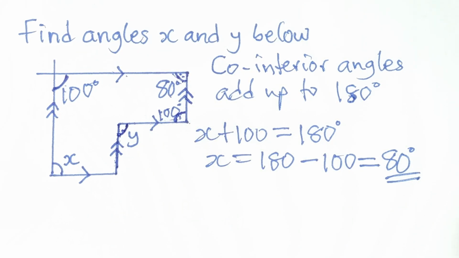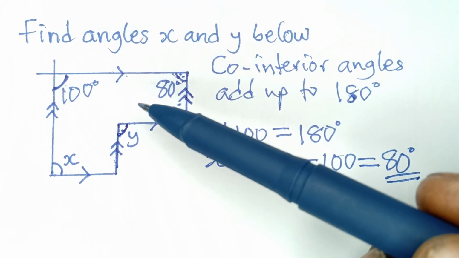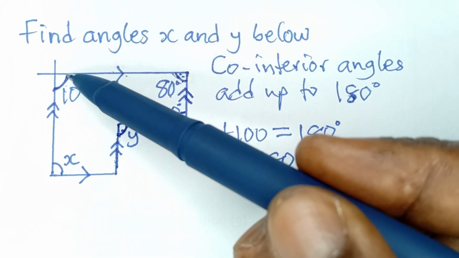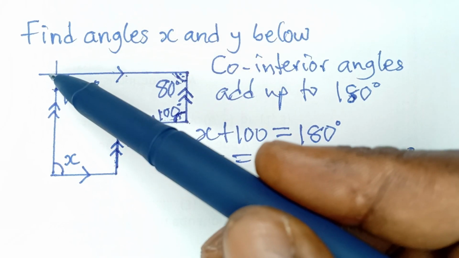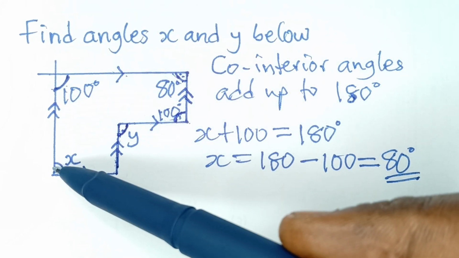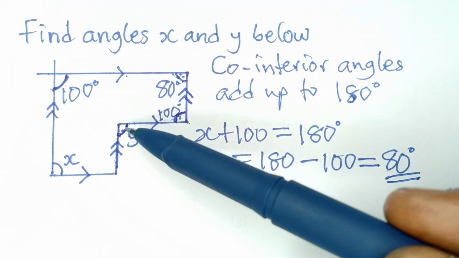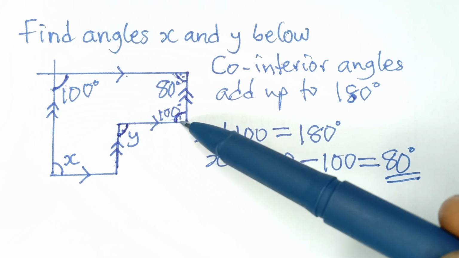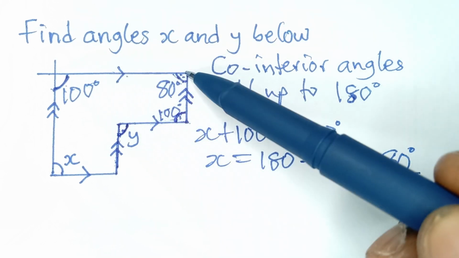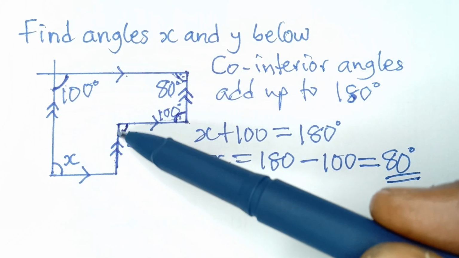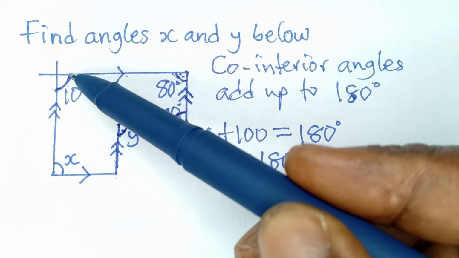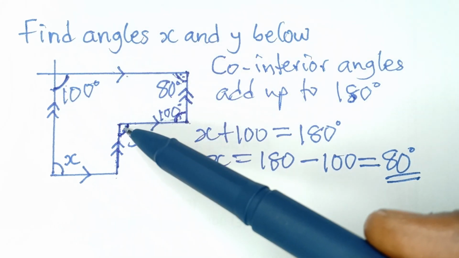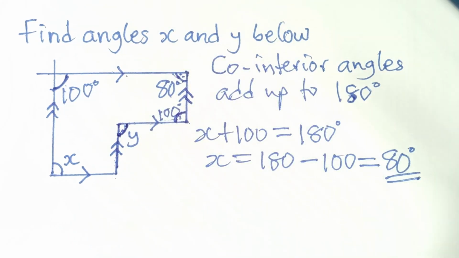But if I don't want to use that, I can also use the corresponding angle rule. This is 100 degree, and you have a line here and another parallel line here. Similarly, if you look at this angle Y, this is another parallel line that is parallel to this, and this line is parallel to this. So you agree with me that this 100 and angle Y are corresponding angles.